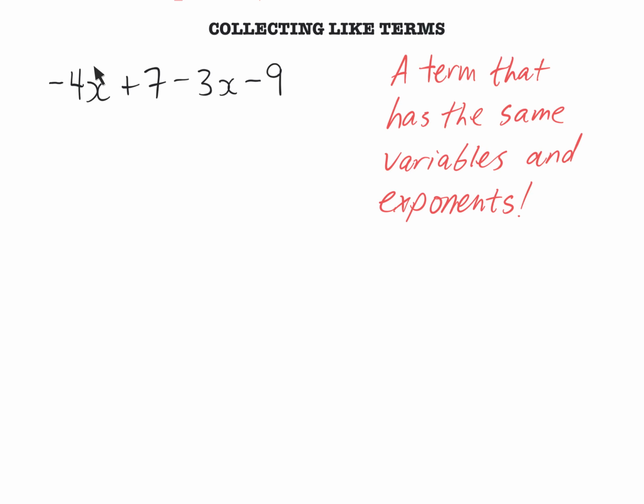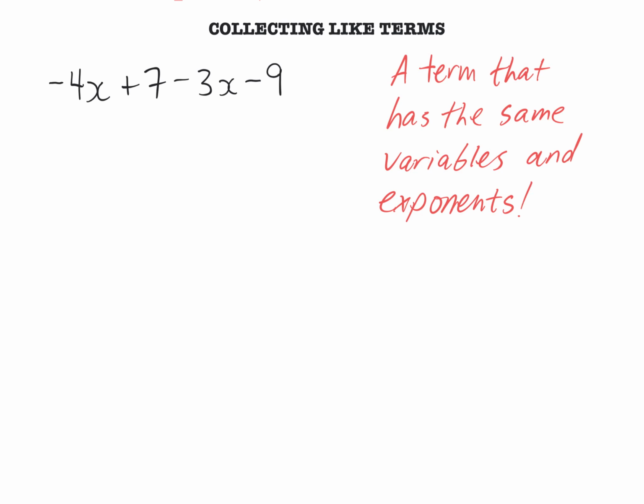This term and this term have the same variable. They both have an x, and the exponent on these would be 1. So these are like, and then our numbers hanging out just by themselves here would be considered like terms as well. So this positive 7 and this negative 9 are also like terms.